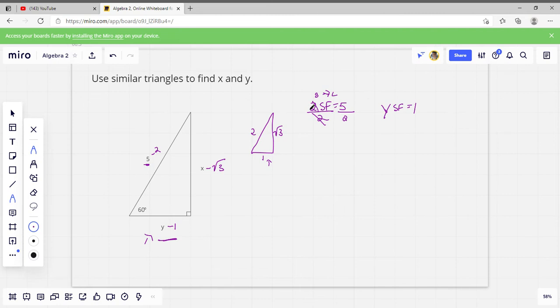Our scale factor is 5 over 2. So 1 times our scale factor, 5 over 2, equals y. So y would equal 5 over 2.